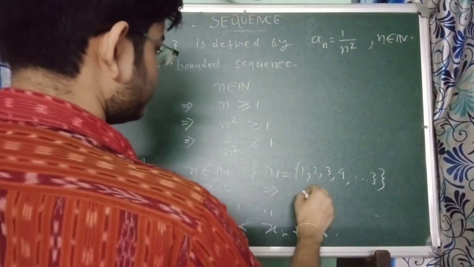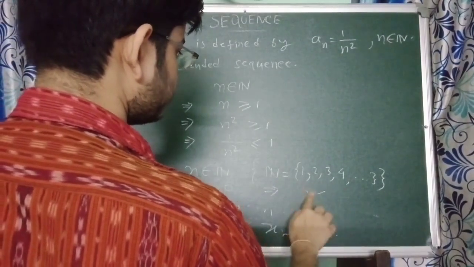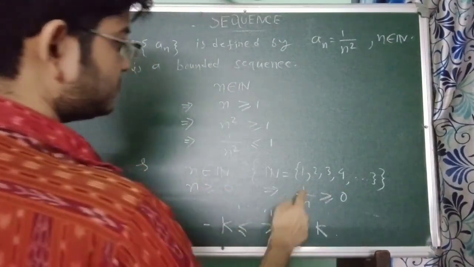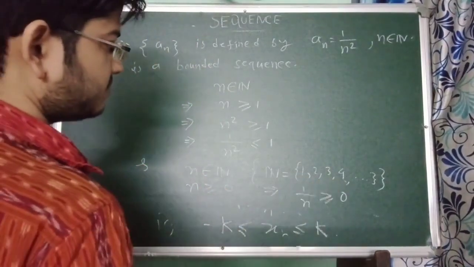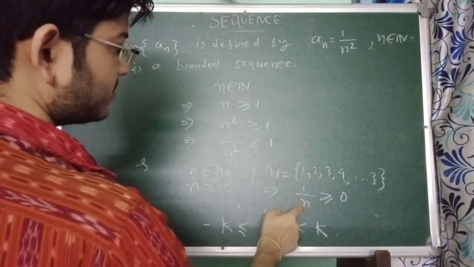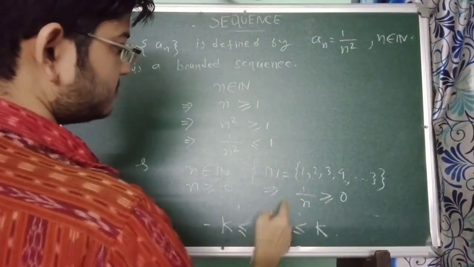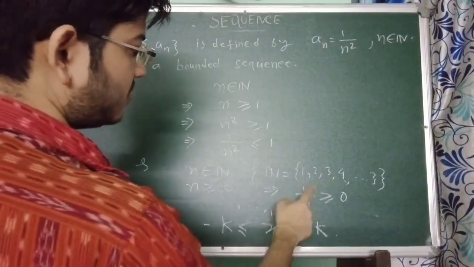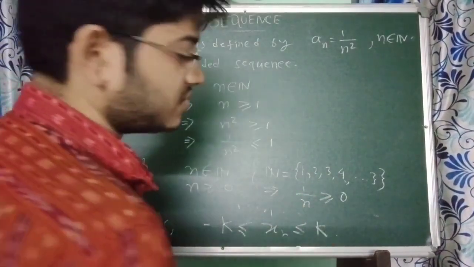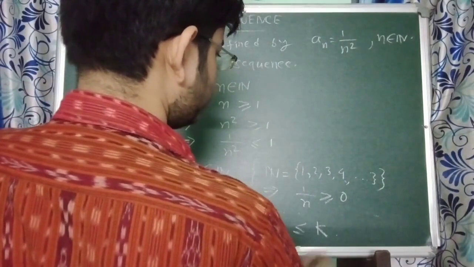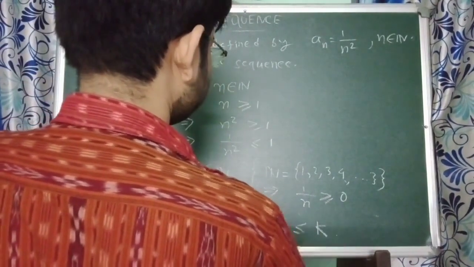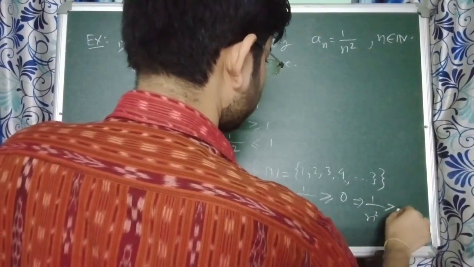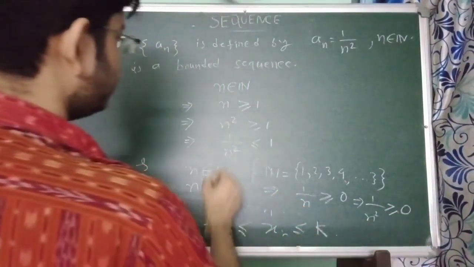This implies that 1 by n is also greater than 0. Since these are non-zero numbers, we divide: 1 by 1, 1 by 2, 1 by 3, 1 by 4. In each case 1 by n is also greater than 0. So this inequality holds. This implies that 1 by n square is also greater than 0.